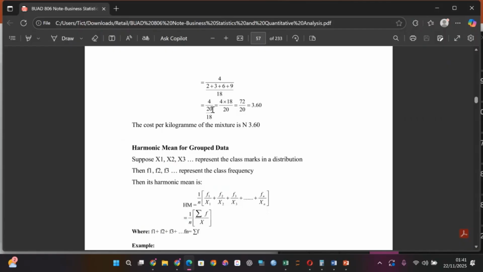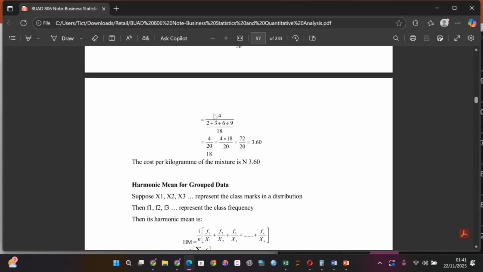We divide by the fraction, which means we multiply by its reciprocal, which is 8. So the 4 multiplied by 8 is going to give you 72, and then you divide it by 2, and then divide it by 20, and it will give you this.